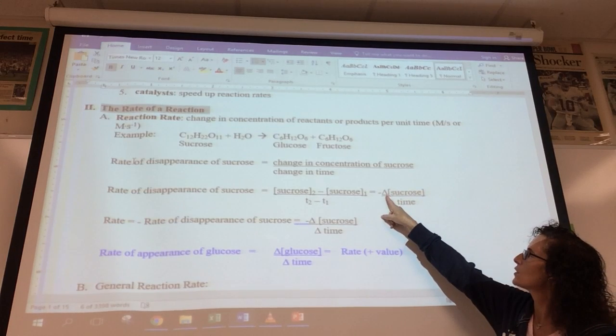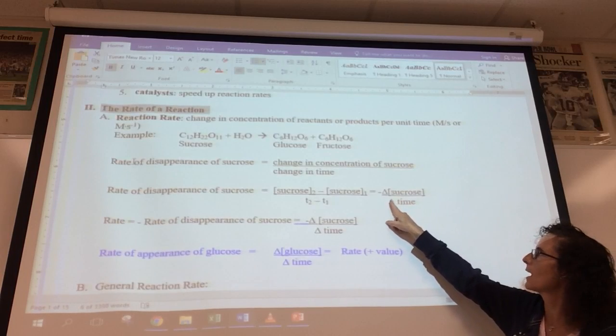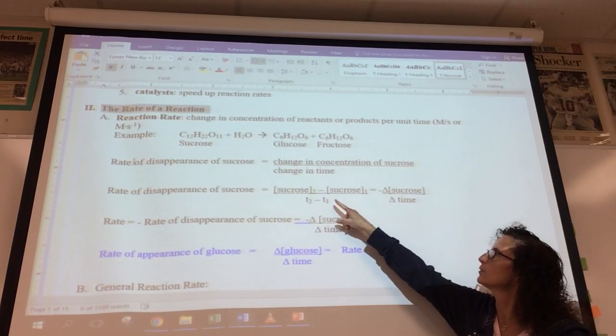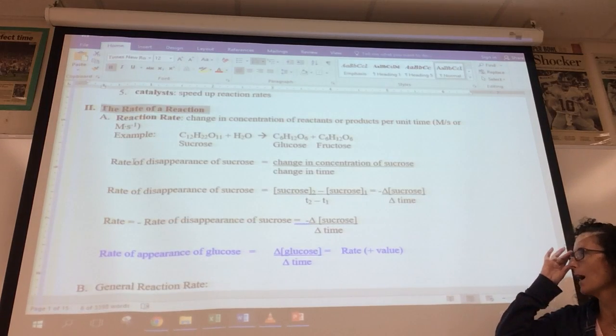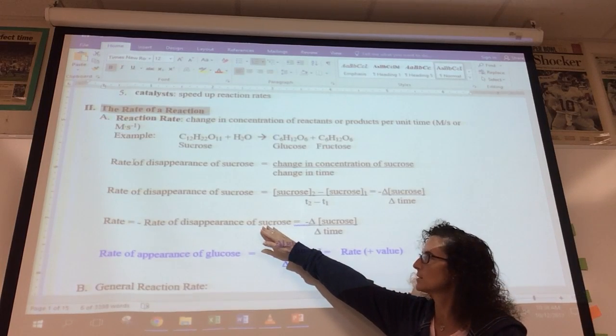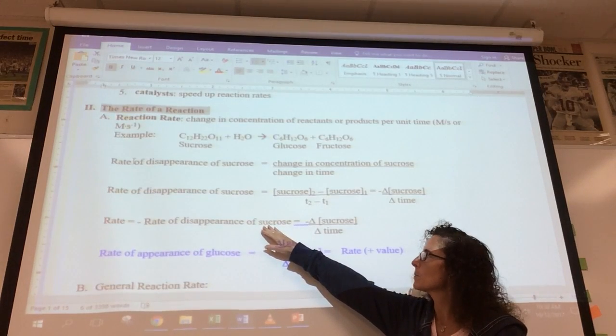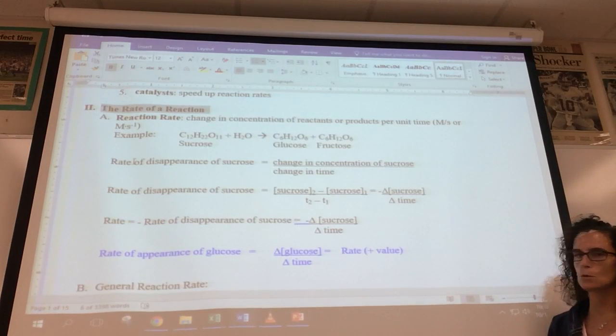So you have the change in concentration over the change in time. And this is going to be negative because the amount is going to decrease over time as it gets consumed. So rates of disappearance, you'll see, are going to be negative, but we're going to make the rate overall positive, and I'll show you how to do that.